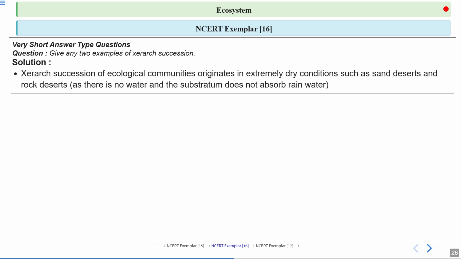Examples are sand deserts and rock deserts, because there is no water and the substratum does not absorb rainwater. So these are the two examples of xerarch succession. You can see this kind of succession in the sand deserts and the rock deserts.